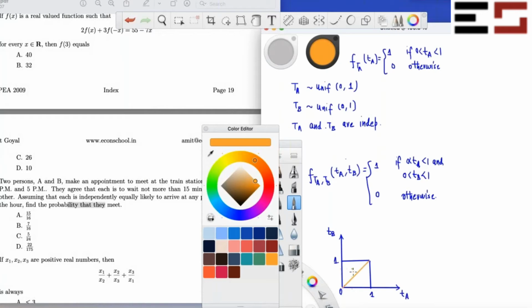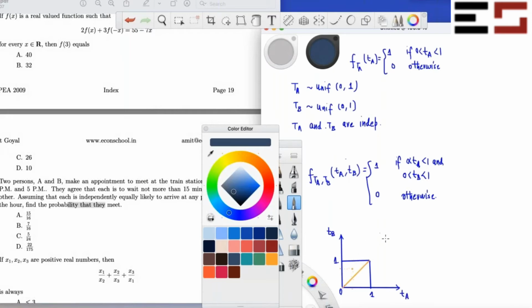This point tells you that this is the arrival time of A and this is the arrival time of B. So who came late? A came late or B came late? So B came late. Very good. Because this is above the 45 degree line, so TB is greater than TA. So definitely B has come late.